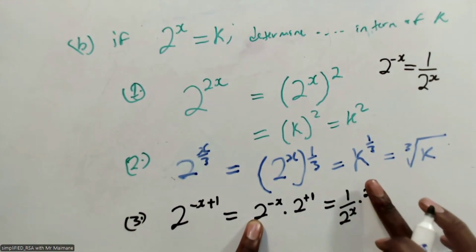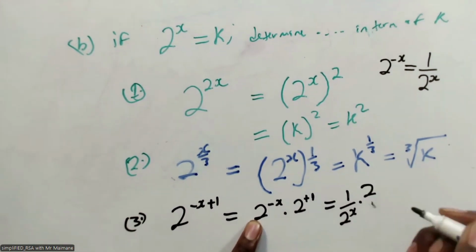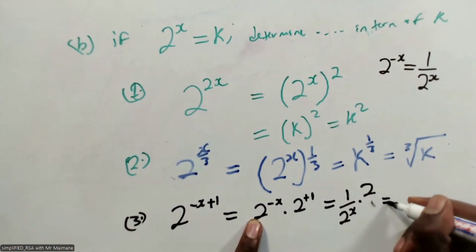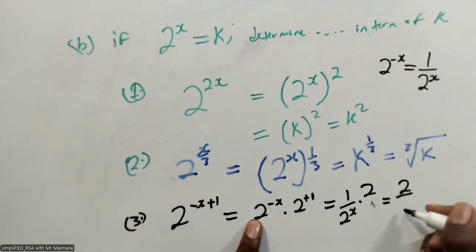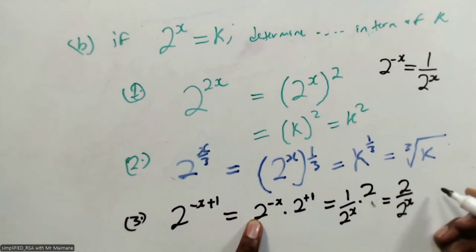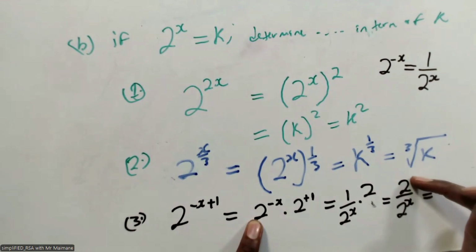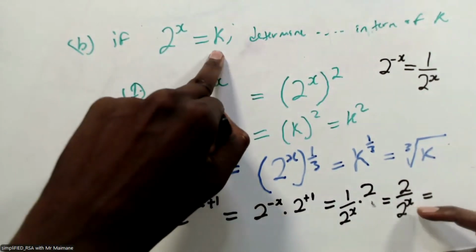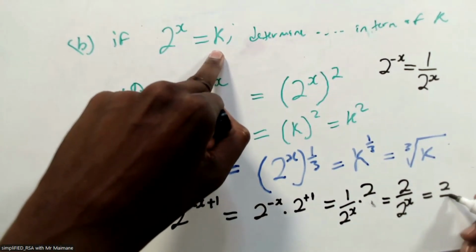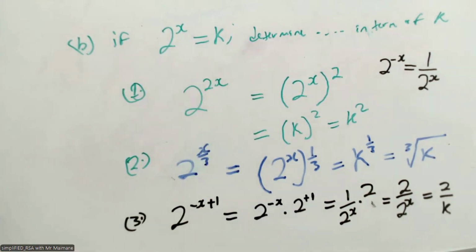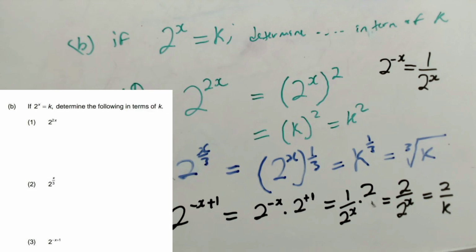It's just going to be positive 2. So this then changes to 2 over 2 to the x. What does this mean? 2 to the x is k. So this means it is 2 over k. So that's it, guys.